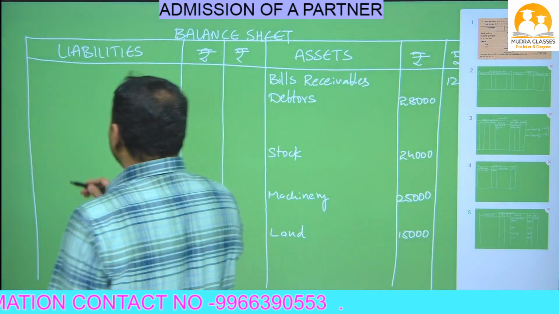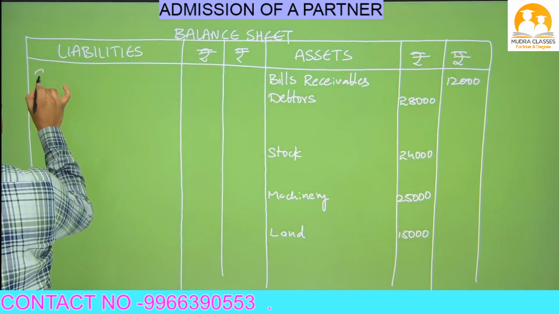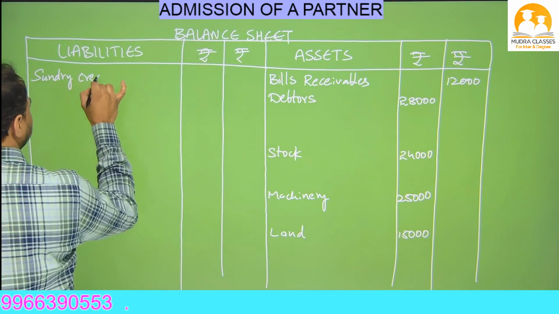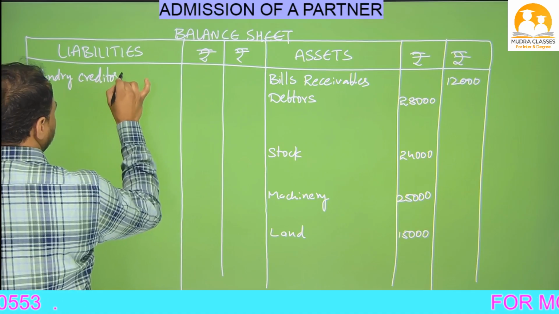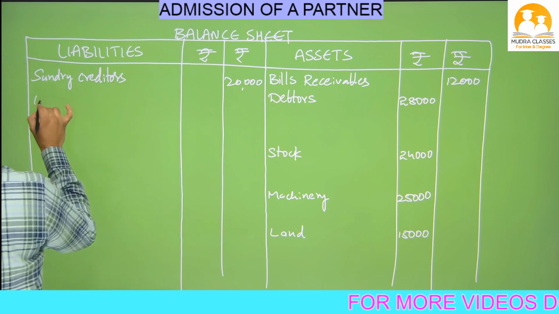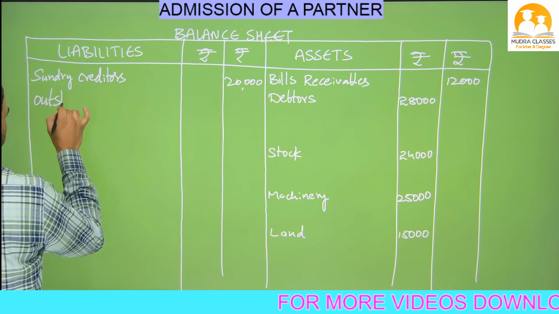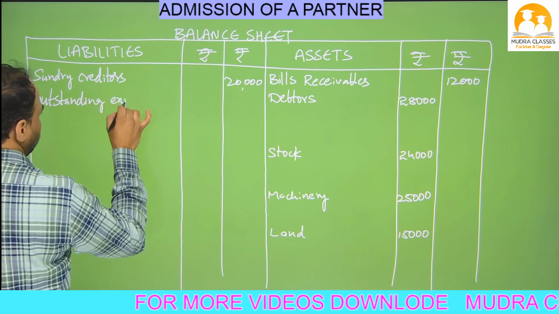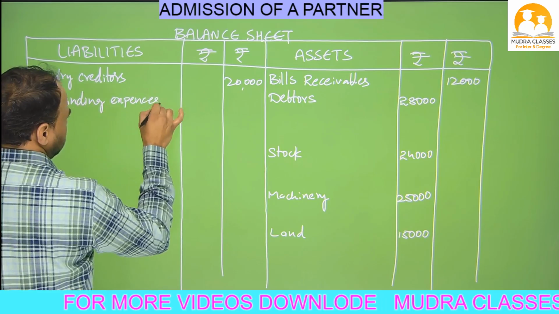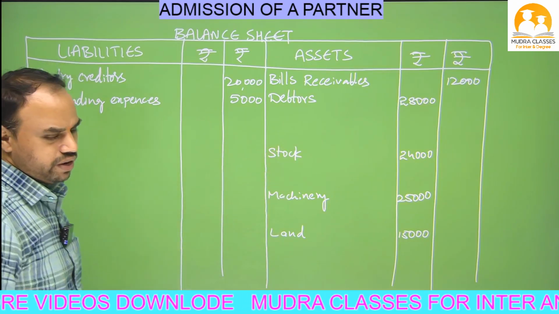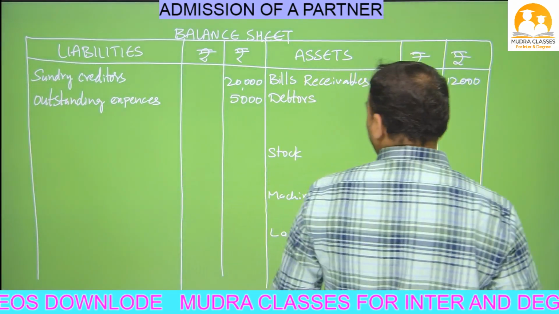So on the balance sheet liability side, standard creditors 20,000 directly in the outer column, no adjustments. Next, outstanding expenses 5,000 rupees. Whatever is given in the question, as it is we will write in the answer.